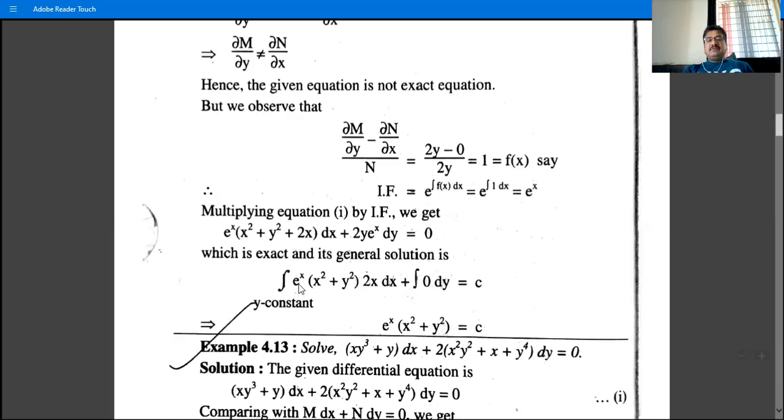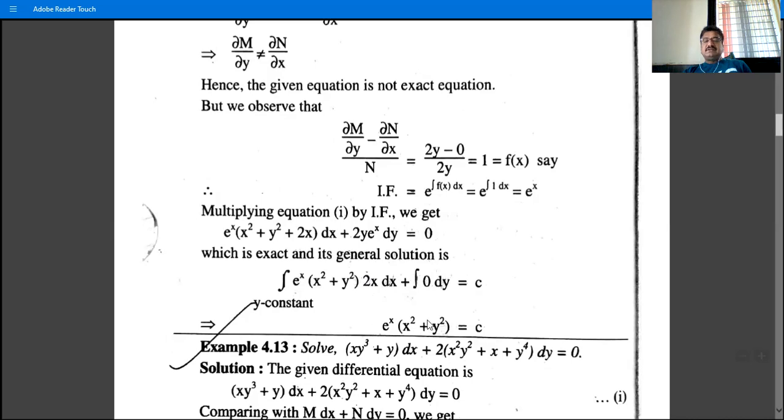So we have the first factor e raised to x, x square plus y square plus 2x, and then we obtain its integration by using the by parts rule, taking e raised to x as the second function and x square plus y square plus 2x as the first function. So I applied the by parts rule two times.